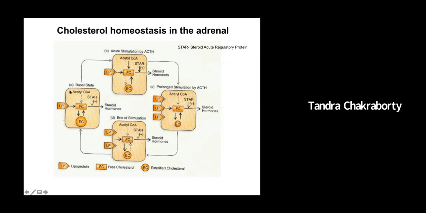Okay, so this movement or transport of cholesterol from the cytosol into the mitochondria is an essential step, a required step for all the three hormones to be produced. Okay, so I want you to understand, and there are many hormones, of course, which follow the same rule. All steroid hormones require this step, but it is essential in the case of the adrenal gland.